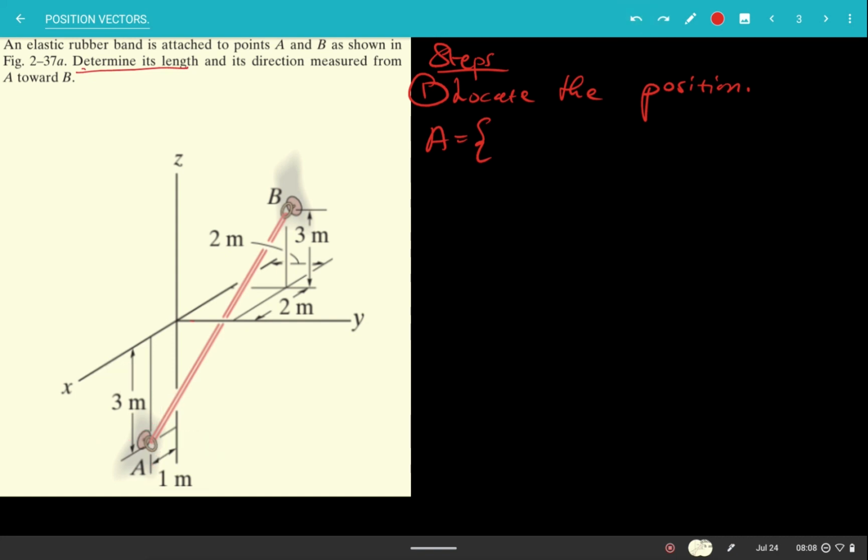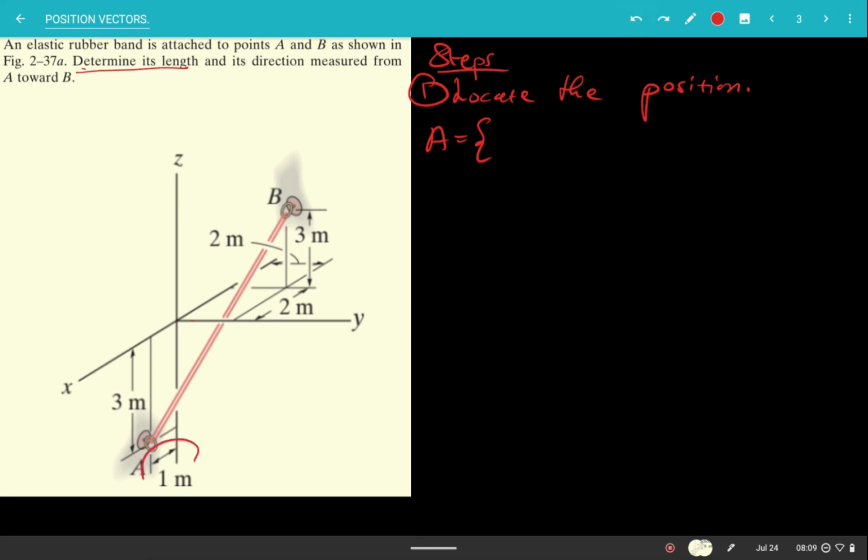Now let's start with locating the position in the X, which is the I-axis. What length have we been given that will help us know the position of A in the X-axis? We know that X is in that direction, isn't it? So moving on to position A, we have this location given there for the X-axis.